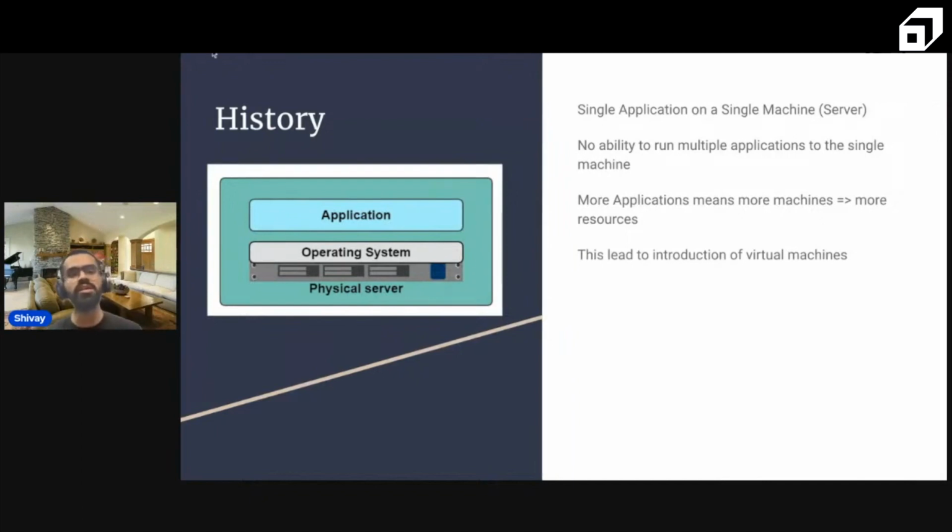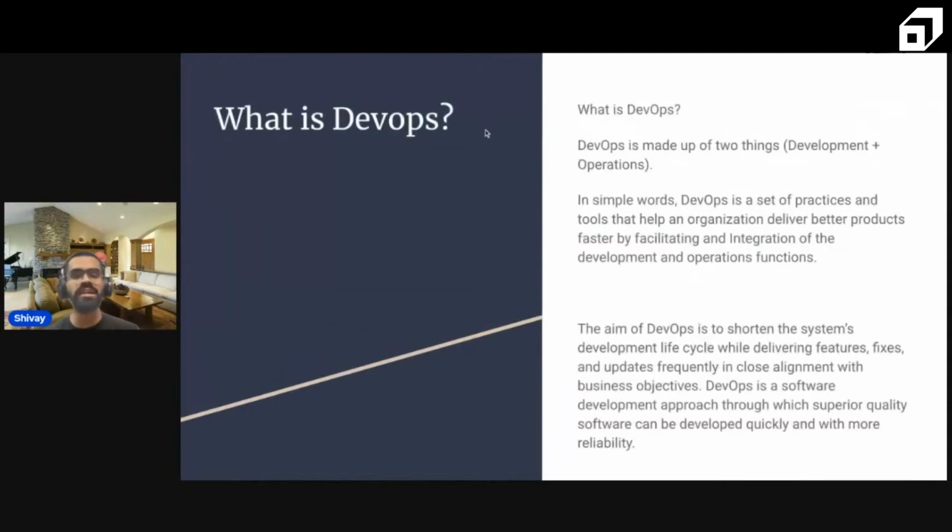After seeing all of these issues that we saw with the waterfall model and the agile model, that led to the introduction of DevOps. So what exactly is DevOps primarily?